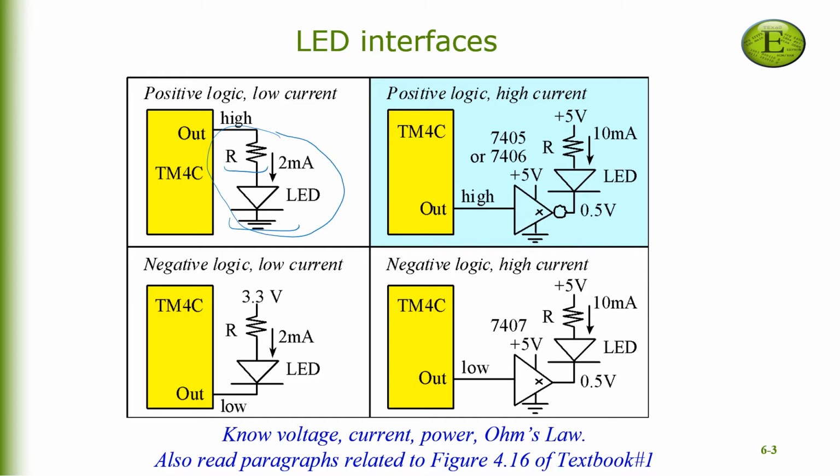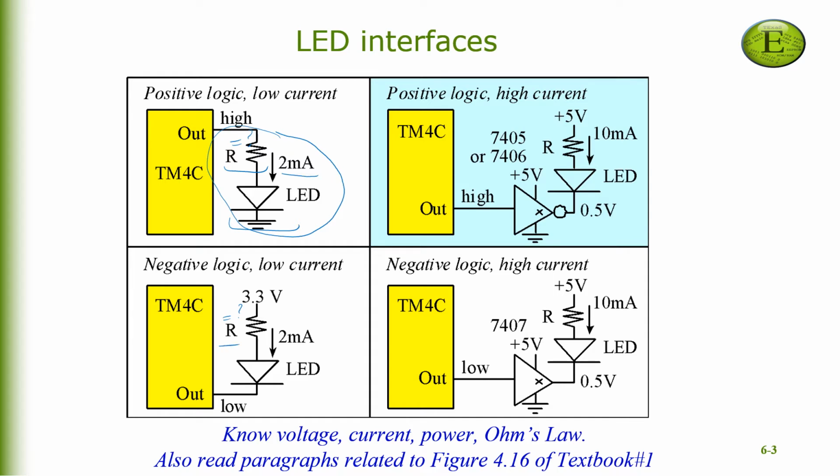And the resistance is going to obviously limit the current and also make sure that the LED turns on with adequate brightness. So if the requirement is 2 milliamps to light up the LED, then we can do some simple calculation to find out the value of this resistance.